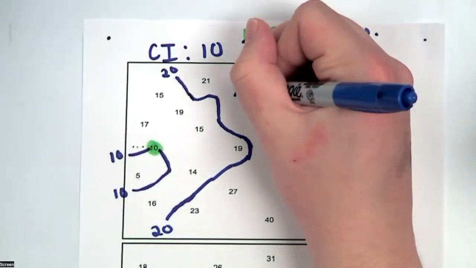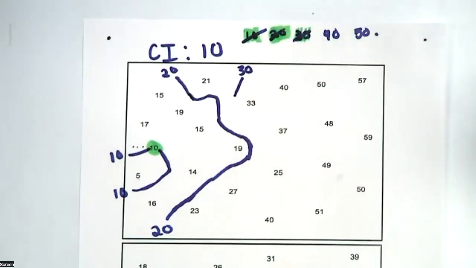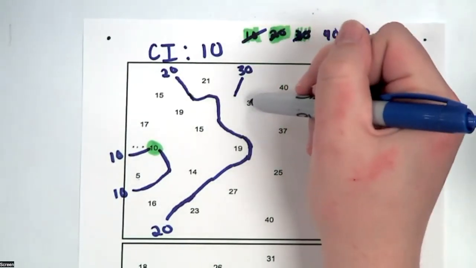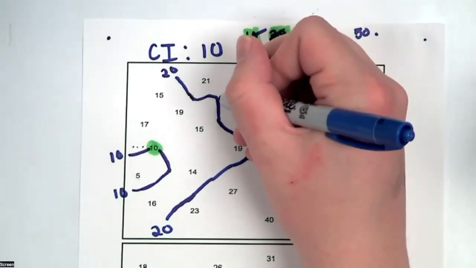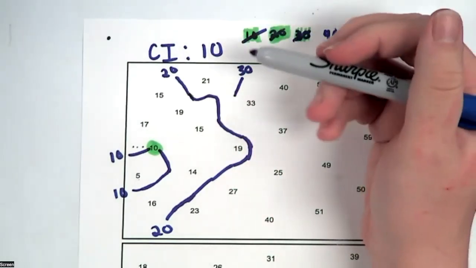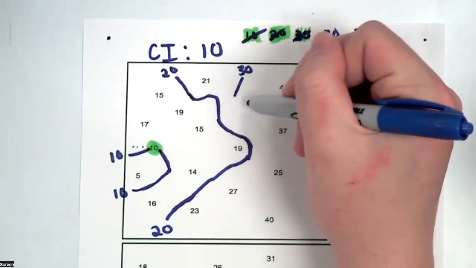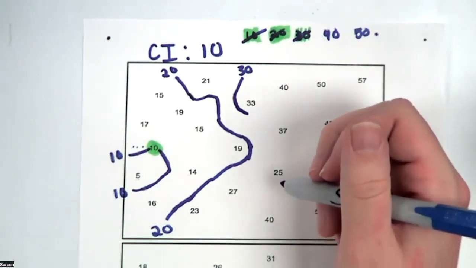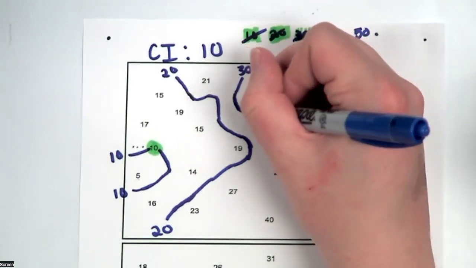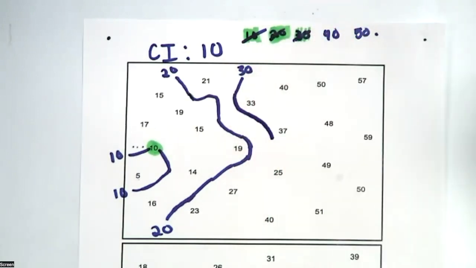I'm going to bring it up top because that's going to be a faster path. But now I don't really have a place that I can go in between. But I said before, all of this can count as 20. So that means I'm going between 20s and 33s. I should be able to do that and get closer to the 33 side. And then I can continue doing that down to this 37.